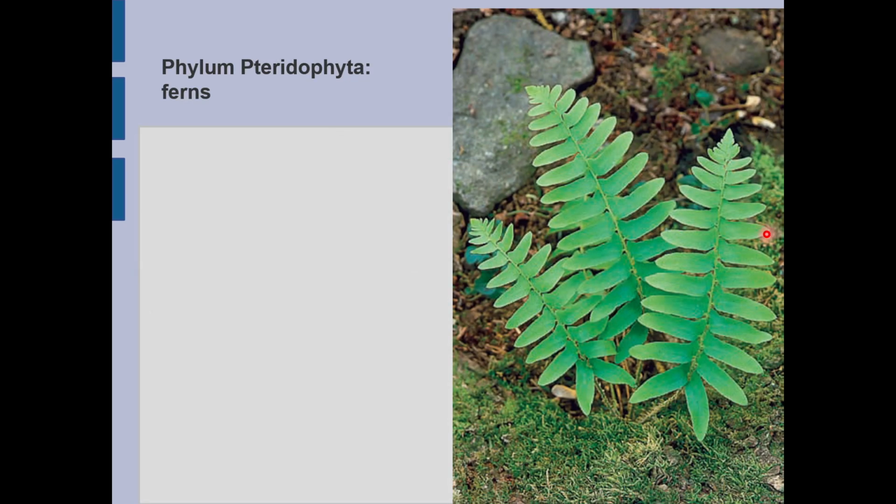So we will start with the true ferns or phylum Pteridophyta, and this is how most of the ferns look. And this is a sporophyte, so they have a stem and megaleaves, and also the rhizomes and roots are on the ground.